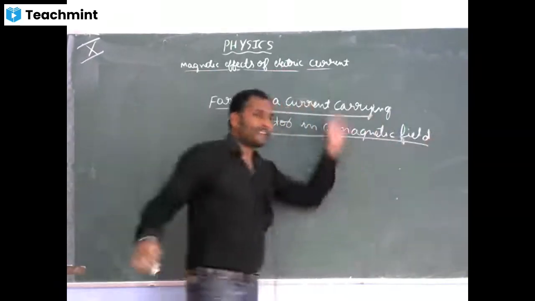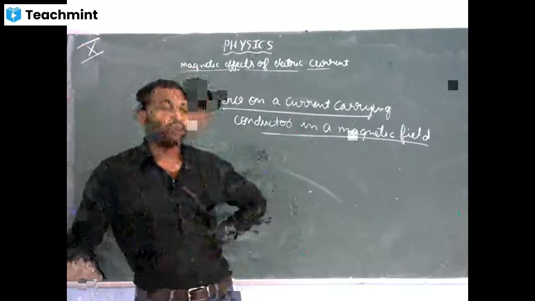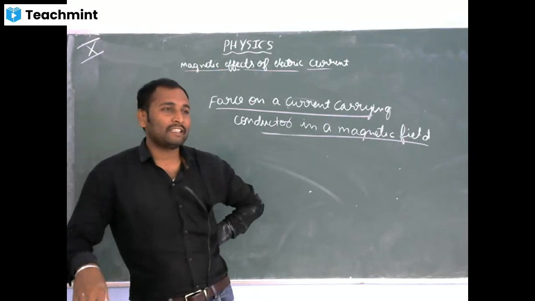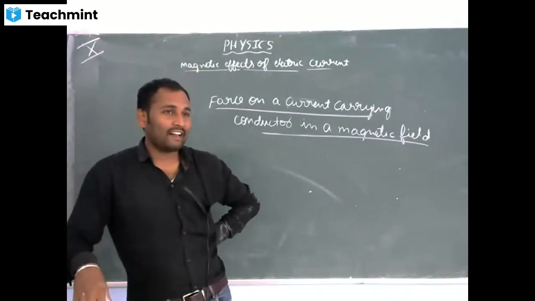So just understand this. Force on a current carrying conductor in a magnetic field. So what does it mean?